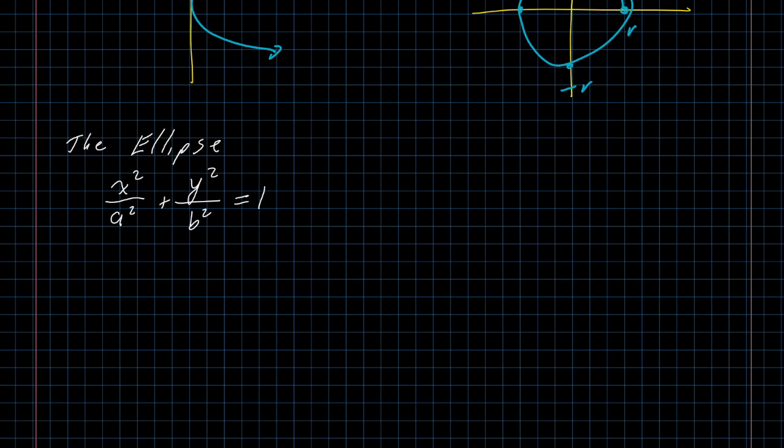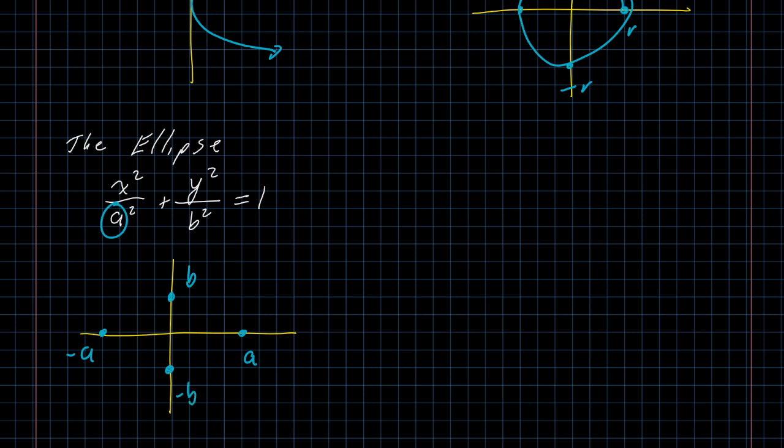And the ellipse is basically a circle, except that the radius in the x direction and in the y direction are different. The radius in the x direction is a. The radius in the y direction is b.